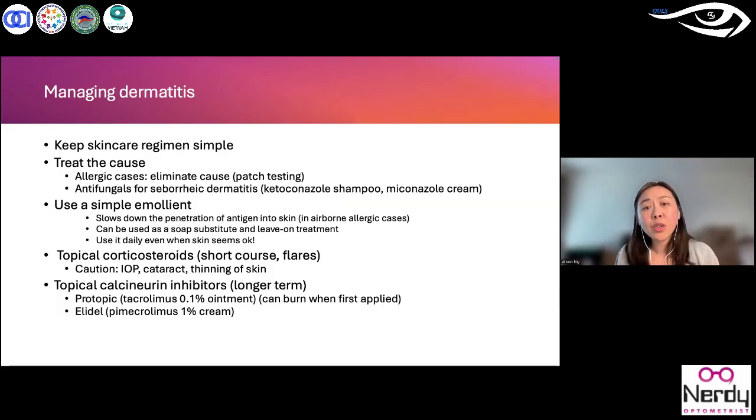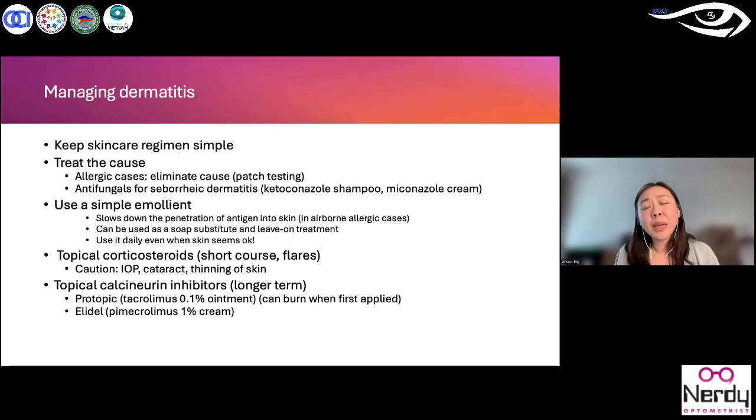And when I talk about treating the cause, it's really targeting your treatment according to what's causing the condition. So for example, for your allergic cases, you might be eliminating the cause. So if, for example, a patient has used a shampoo and they know it's a shampoo that's causing it, they're going to stop using that particular shampoo.